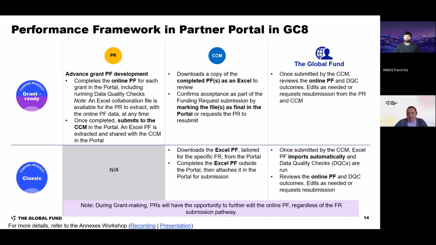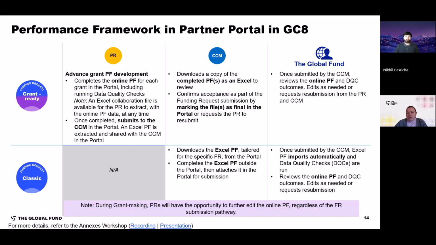The moment that the CCM agrees and accepts the performance framework that has been shared, they will finalize the application process, and they will mark that this performance framework that has been submitted is the final, and they will do so in the partner portal, and then they will proceed with the submission to the Global Fund. Or in alternative cases, or when a process would be not yet completed and the resubmission will be required, the CCM will have an option to request PR to resubmit the performance framework.